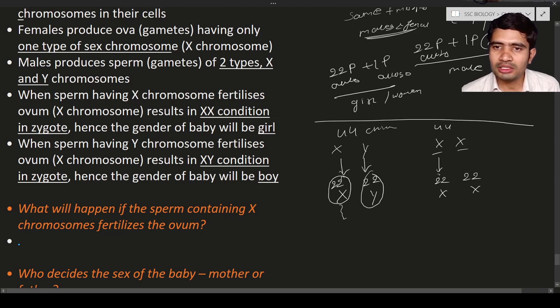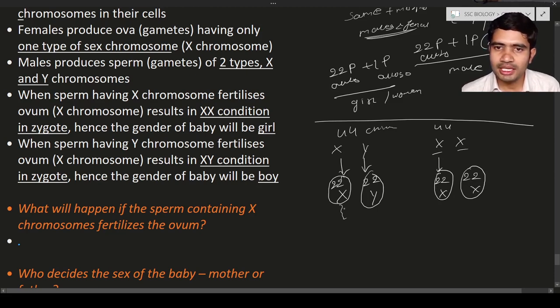So 50% of the gametes contain 22 plus X, and 50% of the gametes contain 22 plus Y. In the case of females, they produce the ova; both ova have 22 plus X chromosomes.